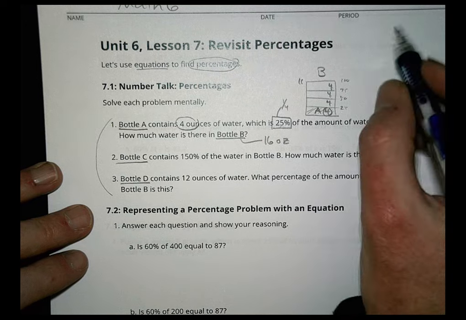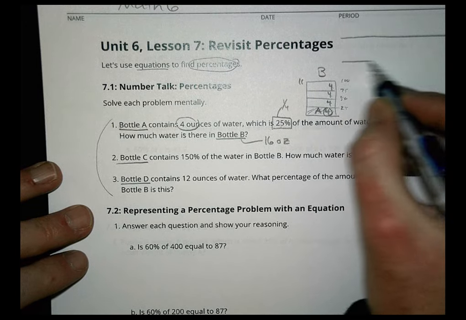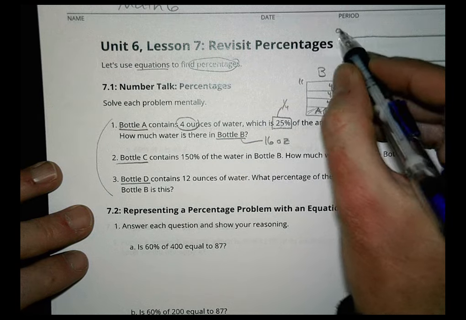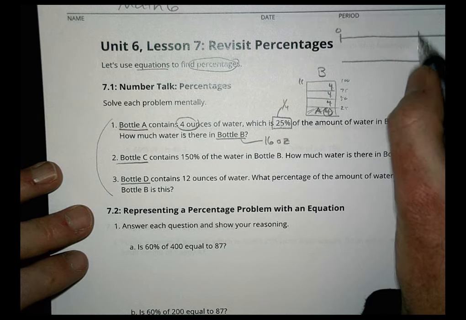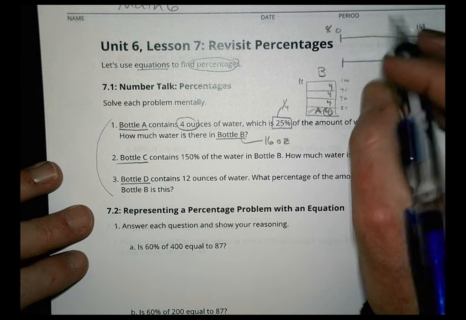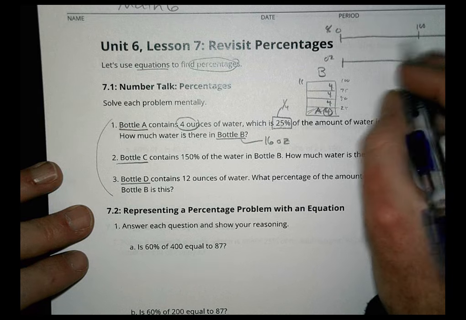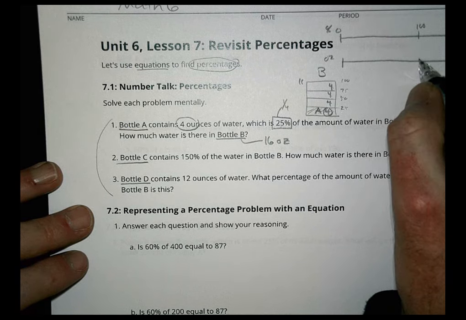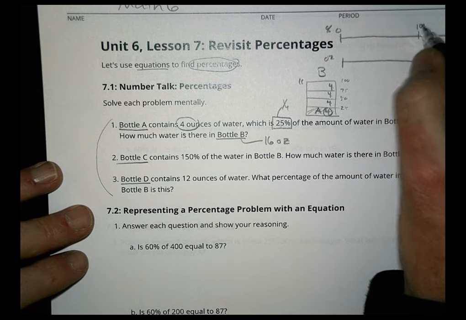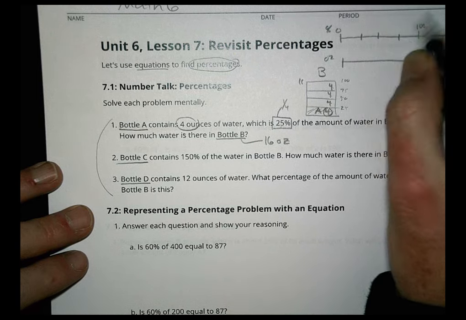Another way of thinking about it could be to say, if you were thinking about a double number line, like so, right? If this was 0, and then this over here is 100, and this is like our percentages here, and then you had your ounces, and we had 100%, well, what we knew so far was 25%, so let's go here. We knew we had 50s there, which makes us 25, and that's 75.